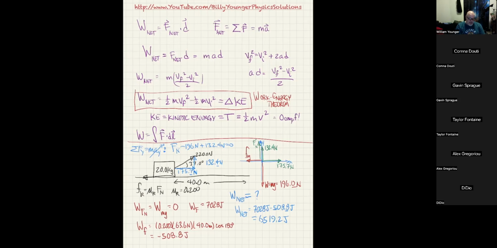So now I've got that work net, and according to the work energy theorem, the work net is equal to the change in kinetic energy.